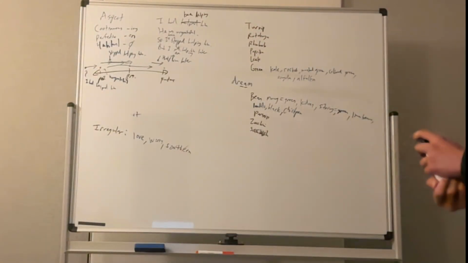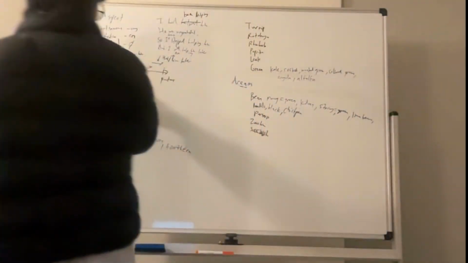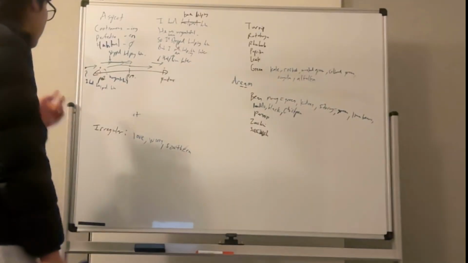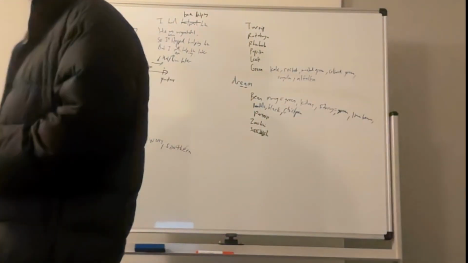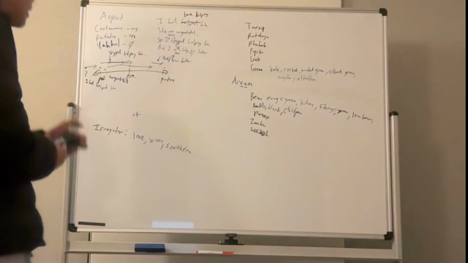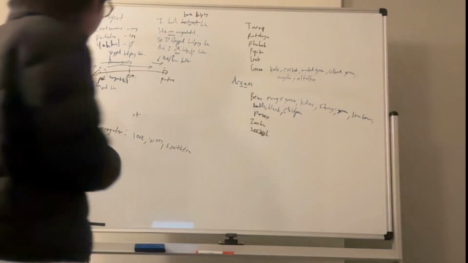So that is the basics of aspect, right? Continuous indicates a continuous action. Perfective indicates either the beginning or the end of an action. You can combine this with a continuous to indicate that the action has begun and is continuing, or is continuing and will end, or something similar to that extent.